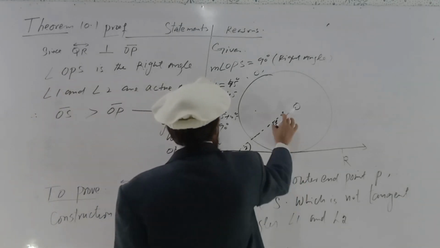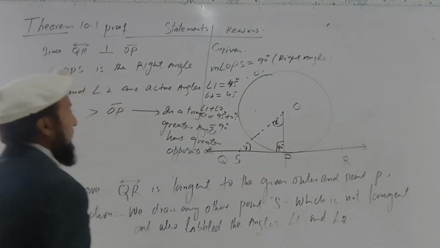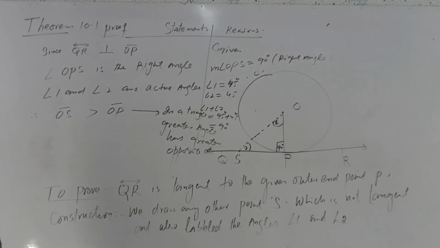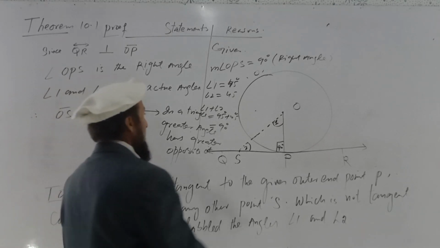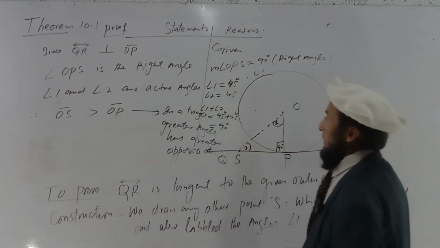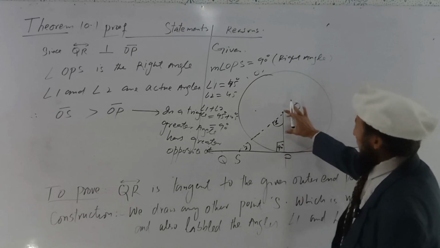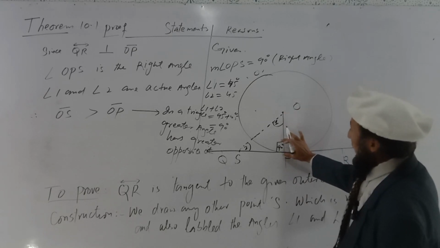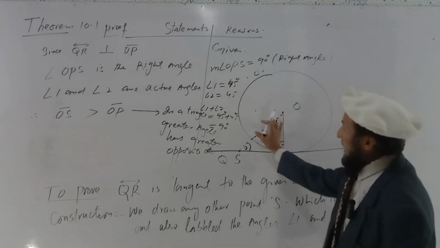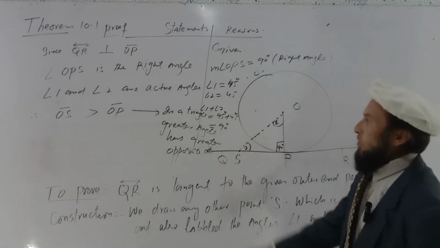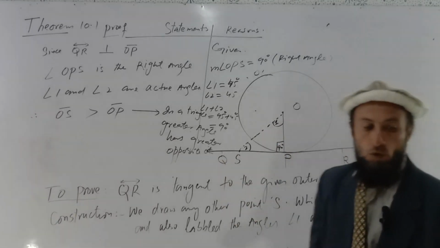Angle 1 and angle 2 are acute angles. So for this reason OS is greater than OP, because the angle is 90 degrees and the side opposite to it is also the greater side. So OS is greater than OP.